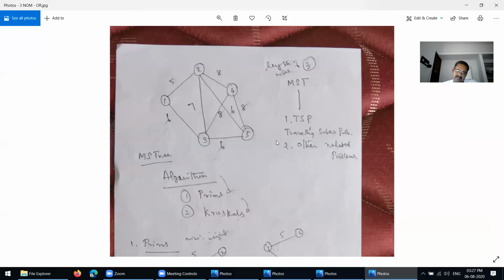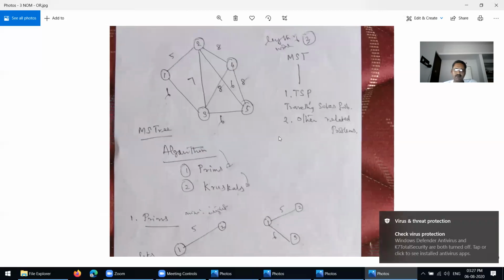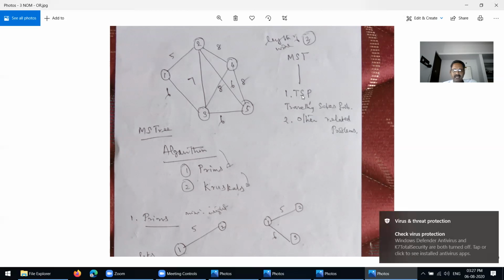The first one is the traveling salesman problem, and the second one is other related problems. The minimum spanning tree consists of these 2 types: the traveling salesman problem and other related problems. You understand?